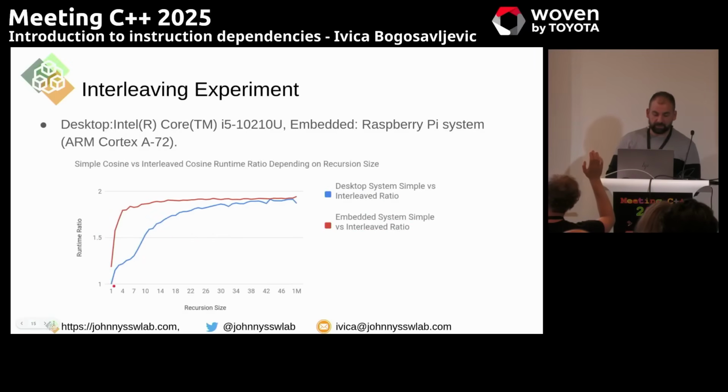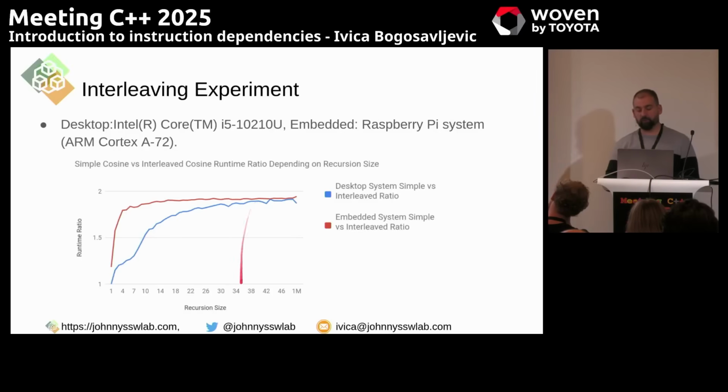For the desktop system, it slowly goes up and reaches about 0.7, 0.8, which is some kind of line after 42 nested cosines. But for the embedded system, it quickly goes up after 2 or 3 nested cosines, you're already at 1.6, 1.7, the speedup you get from the interleaved version compared to the simple version.